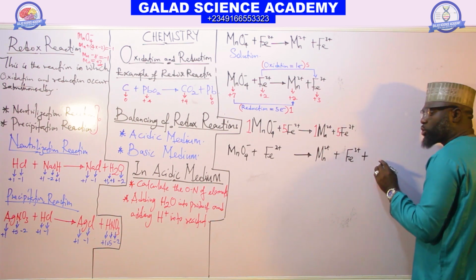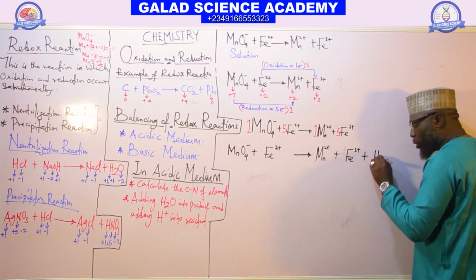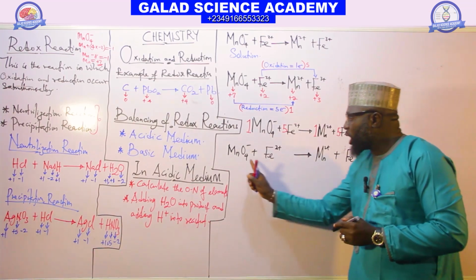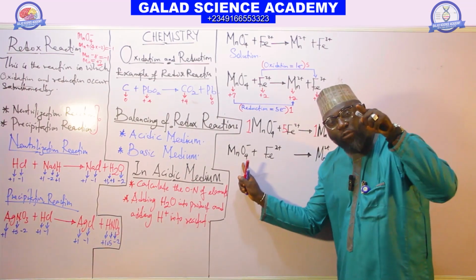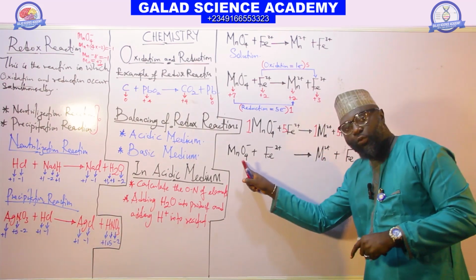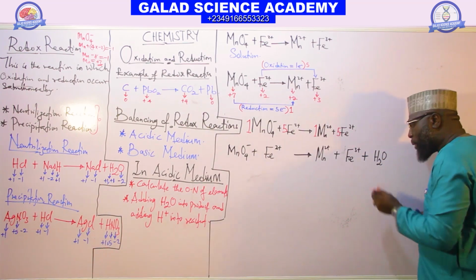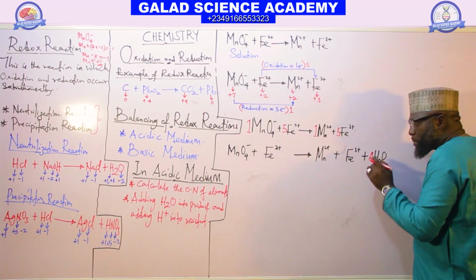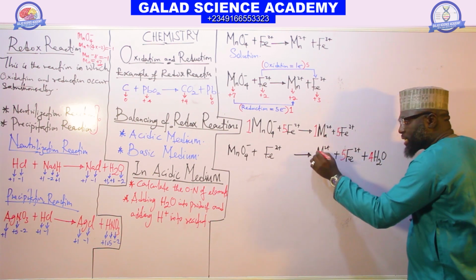Then we will now add water, H2O. How many oxygen do we have? 4. The number of oxygen we have there will determine the number of water. Oxygen here is 4, so we now add 4 water here. So this means the oxygen is balanced.